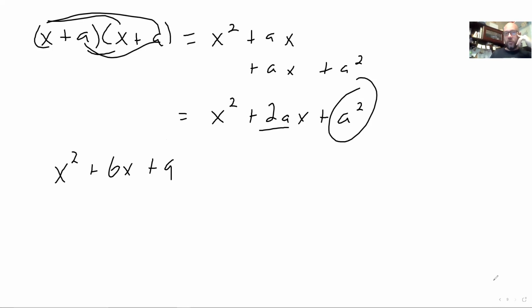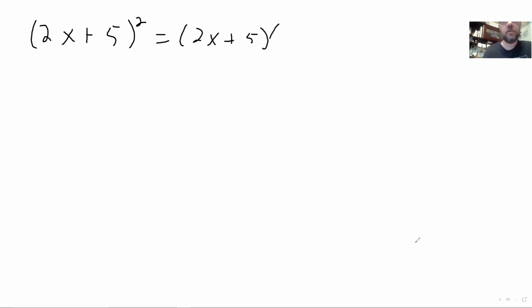So perfect square trinomials don't just occur with leading coefficient of 1. Certainly, you could have something like 2x plus 5 squared. And so you get a similar pattern. Let me multiply this all out and I'll show you what it looks like. So this is 2x plus 5, 2x plus 5.